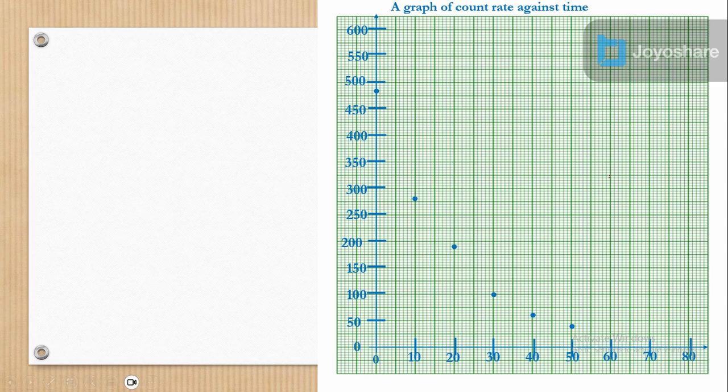Let's see how this line will come about. So that's our line. We are drawing it through the points. Make sure it passes through the points.